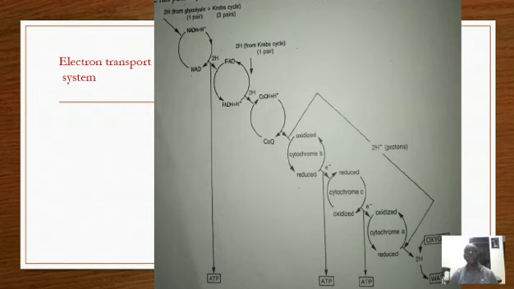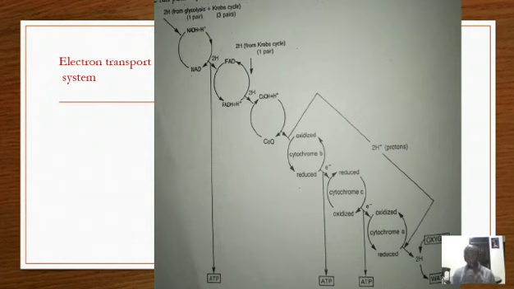FAD then combines with these hydrogen atoms forming FADH2, which in turn loses the hydrogen atoms, and they are taken up by coenzyme Q. Coenzyme Q then becomes reduced to coenzyme QH2, which is CoQH2. Coenzyme QH2 then loses the hydrogen atoms that split into hydrogen ions called protons and electrons.